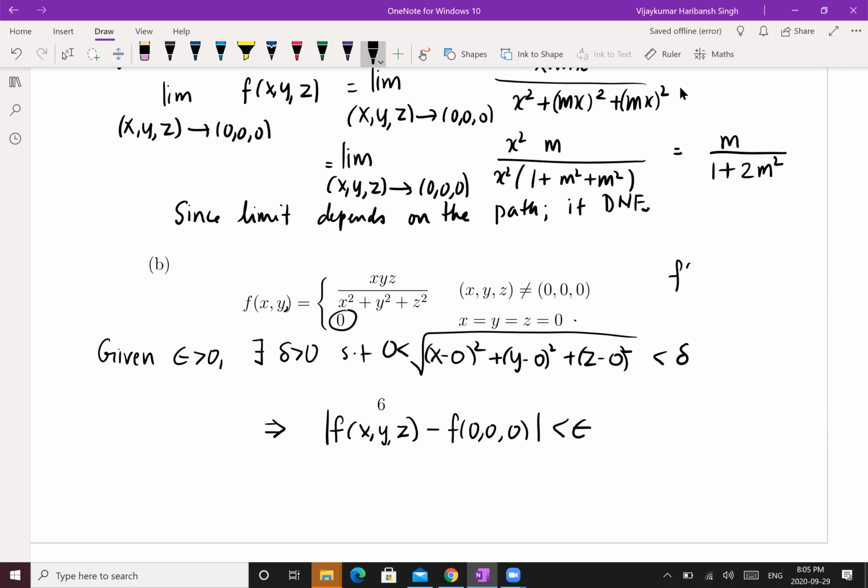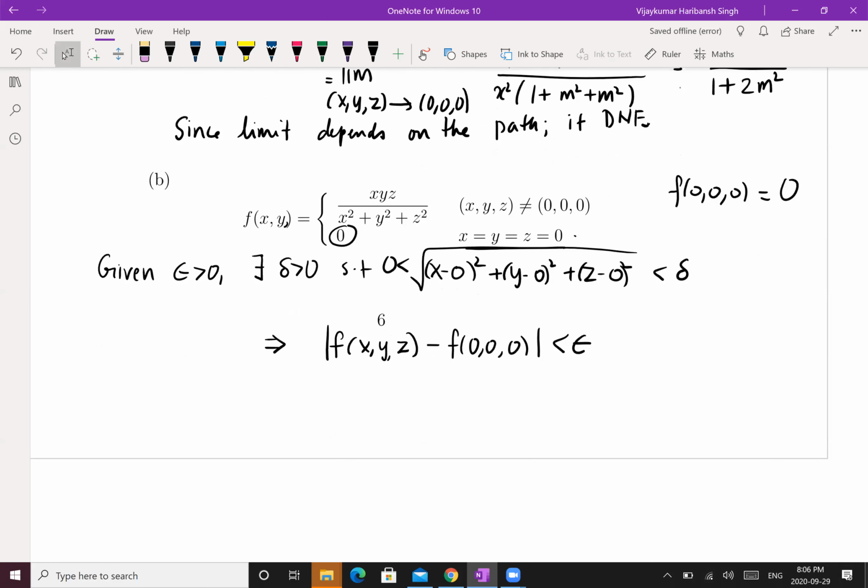And your f of 0, 0, 0 is actually 0. That is what is given to you here. So this is what we are going to do.